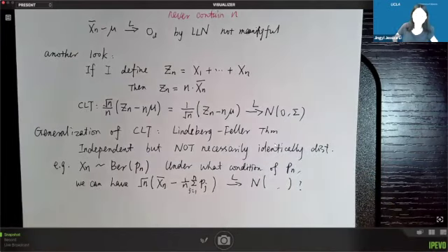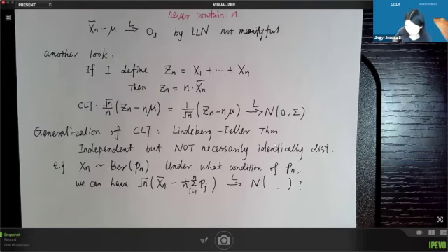This is the question that can be addressed by the Lindeberg-Feller Theorem. So in other words, we can generalize the CLT by no longer requiring the random variables in the sequence to be IID. Okay, so this is a motivating example, and we'll come back to this later.